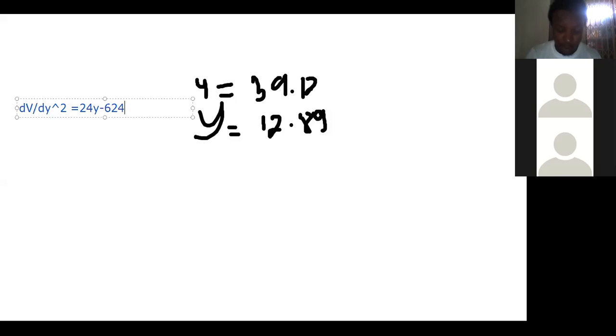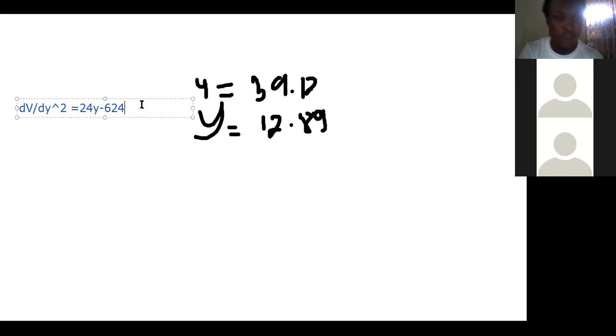But the question stated to find the value of y, and now we have two y's. We have to check which one will give us a maximum value, that is, something less than 0.